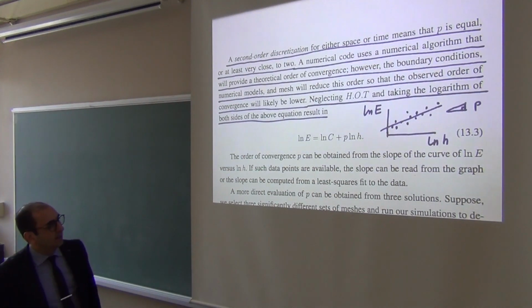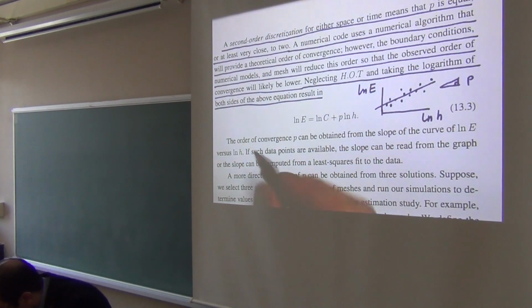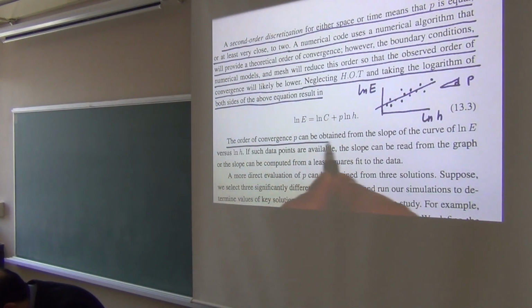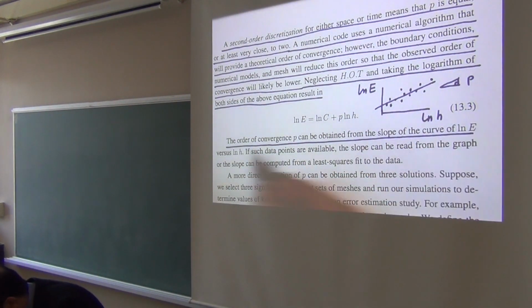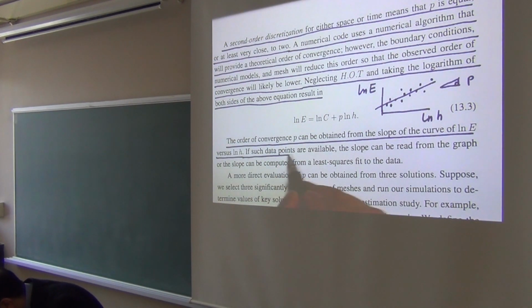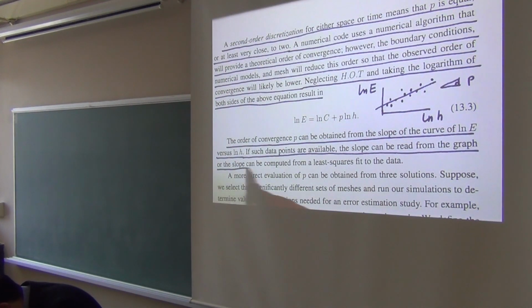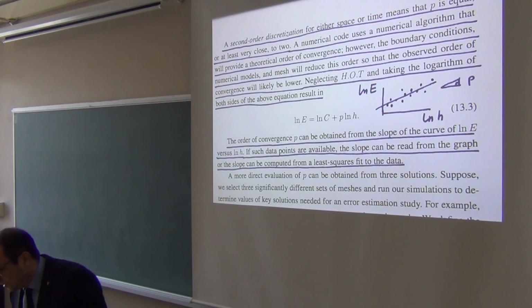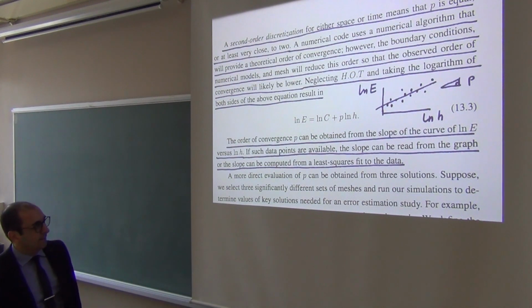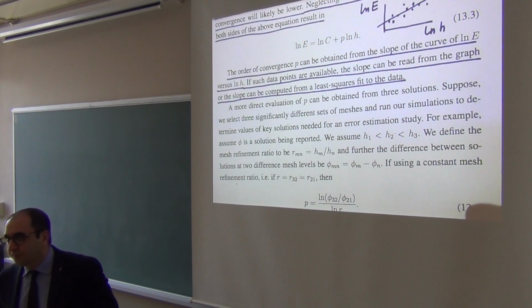So it can be found by tests. The order of convergence, P, can be obtained from the slope of the curve of ln E versus ln H. If such data are available, the slope can be read from a graph. You might do least squares fitting or something like that. There's a faster way to do it too.